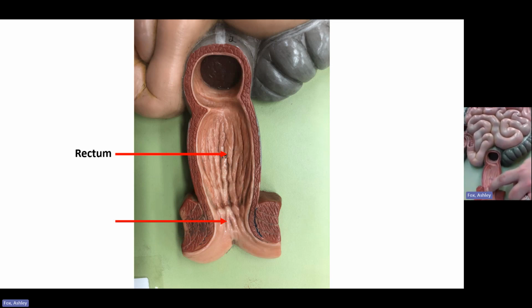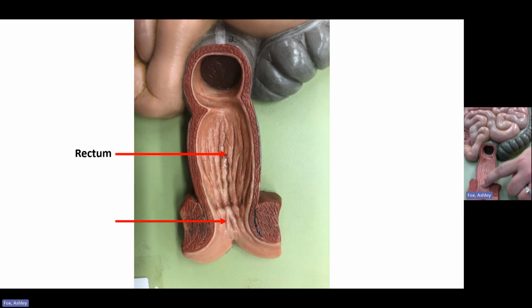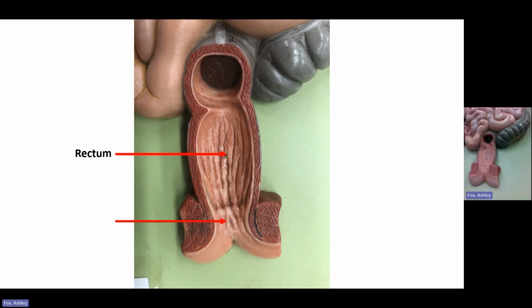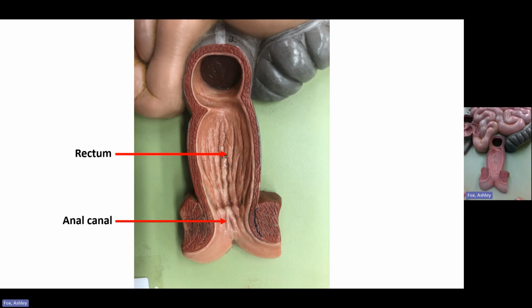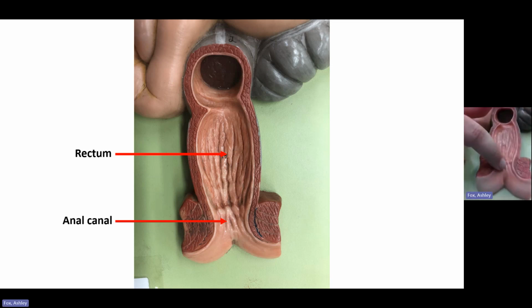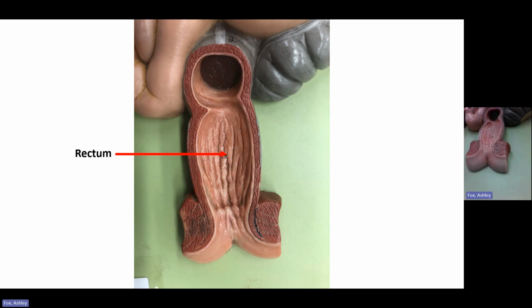Where you see these areas, which are the anal columns, you can see this little section right before the anus, separating the rectum and the actual anus, is called your anal canal. So it's right here: rectum, then anal canal with the anal columns, and then anus.